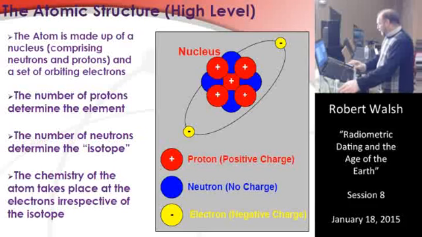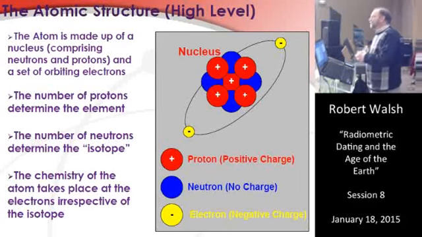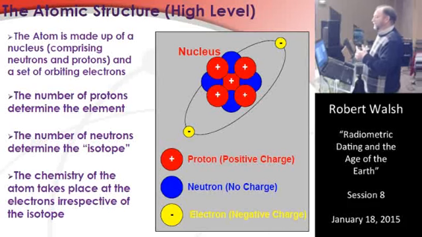Now, the other important thing to remember is the chemistry of the atoms all takes place within the electron layers. There's no chemistry that goes on in the nucleus. It's all in the chemical bonding and so on of the electrons. So again, an atom is made up of a nucleus, which is made up of protons and neutrons.